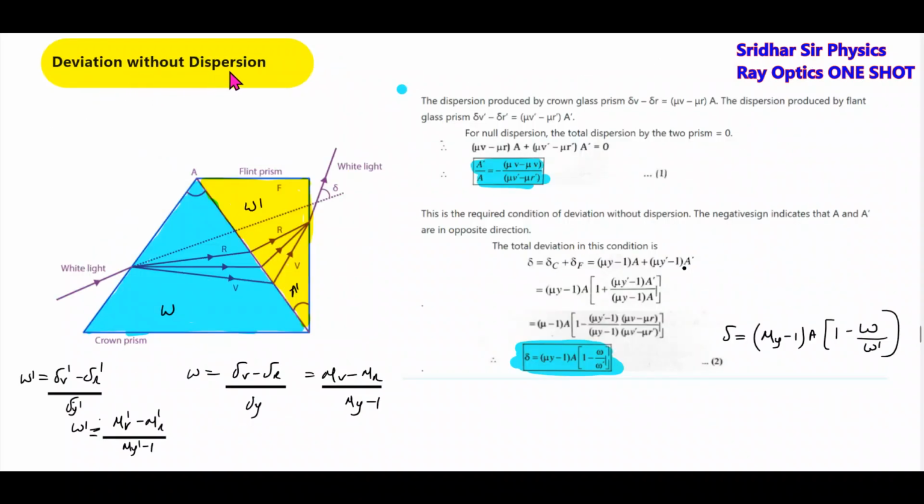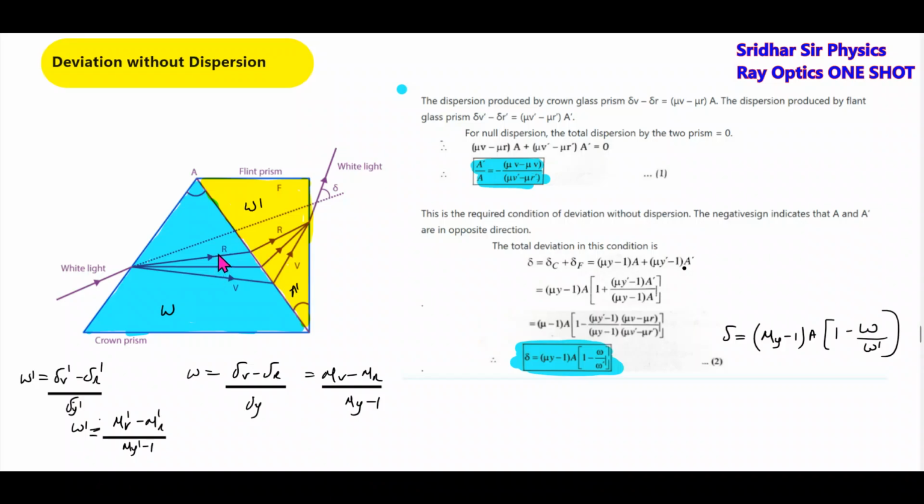Next we have deviation without dispersion. The white light is incident here. This white light will split up into its constituents.